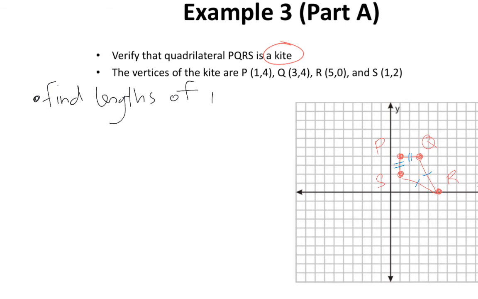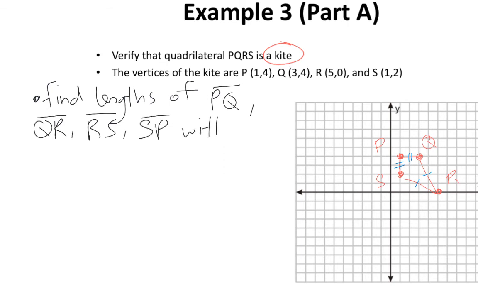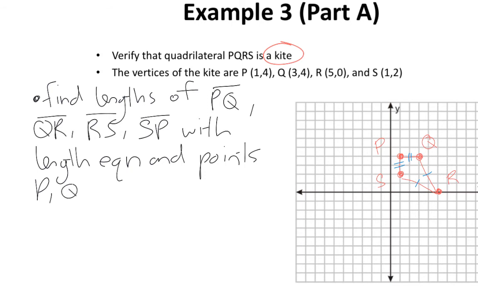So line segment PQ, line segment QR, line segment RS, and line segment SP. And I'm going to do that with the length or distance equation and all of the points which are provided for us, P, Q, R, S.